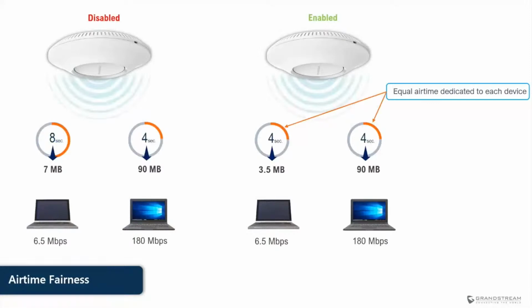Basically, this slows down the high rate devices because they have to wait longer. To equally divide the airtime between devices, GWN access points support the Wi-Fi feature called Airtime Fairness. It can be enabled so that the high rate devices won't get impacted.